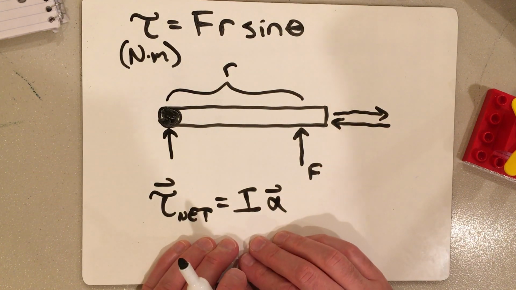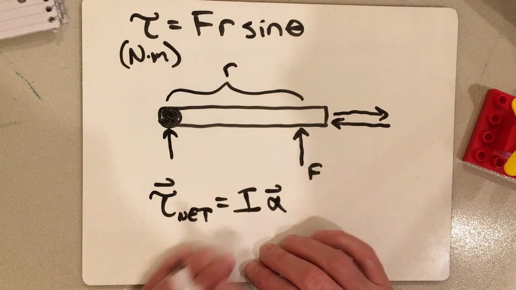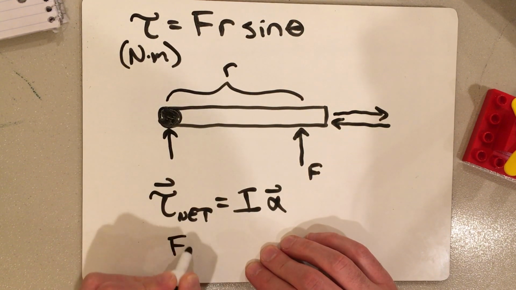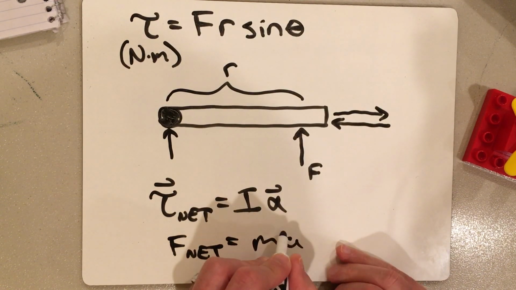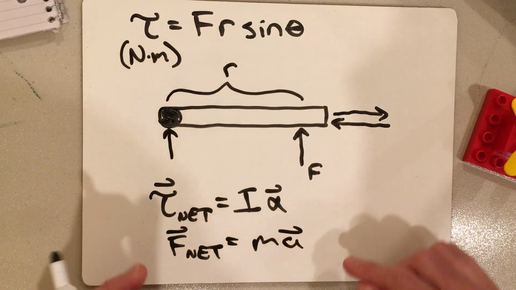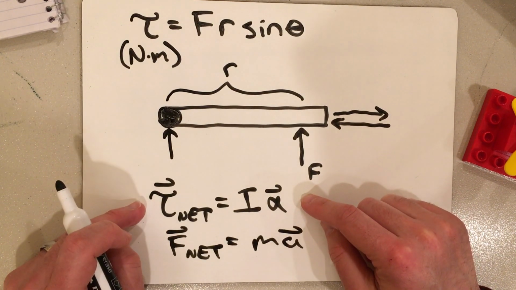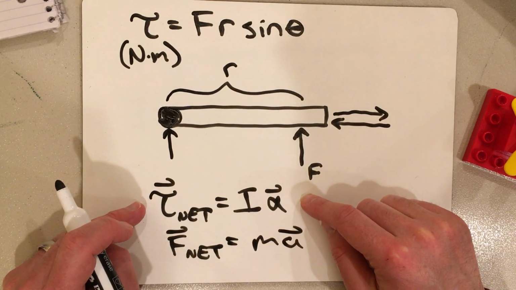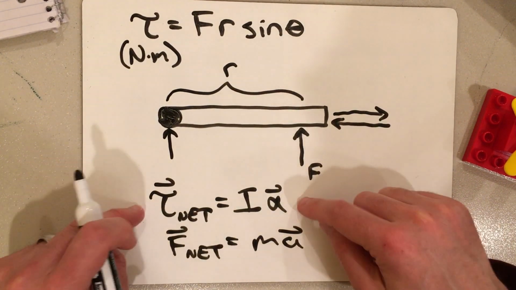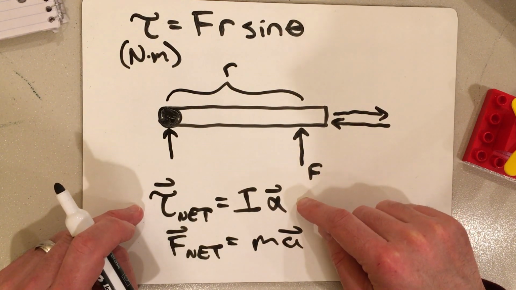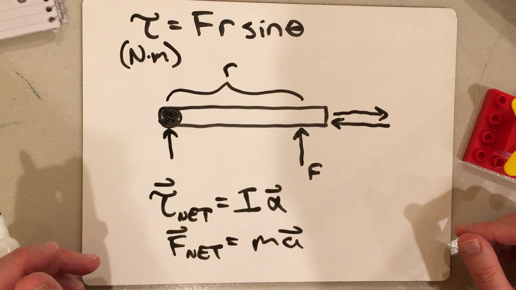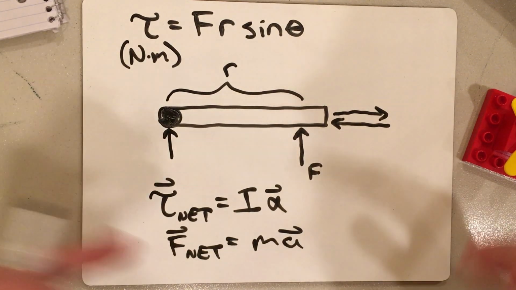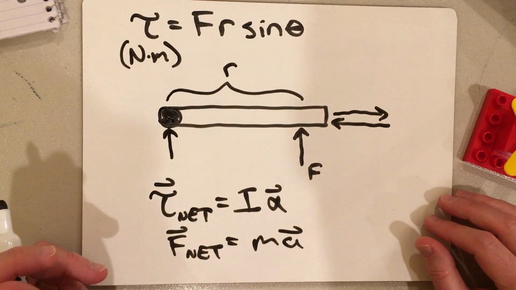Notice this looks a lot like Newton's second law, only Newton's second law says the net force equals ma. This is essentially Newton's second law for rotation. And so the net torque, we would combine together all the torques, taking into account whether they're clockwise or counterclockwise.